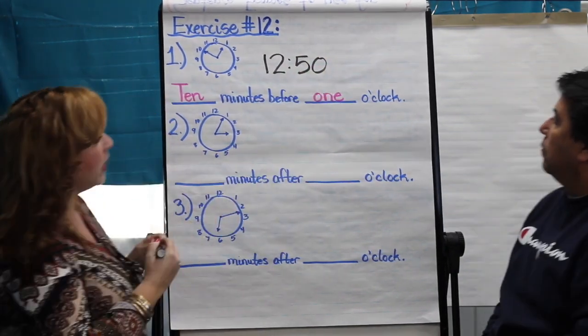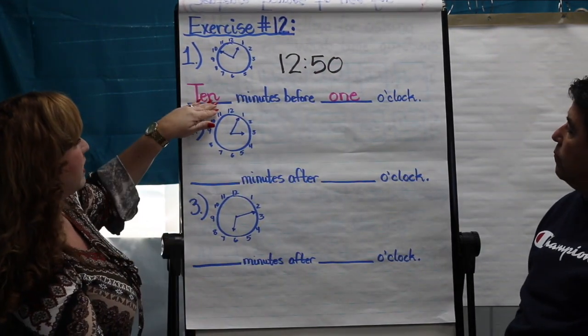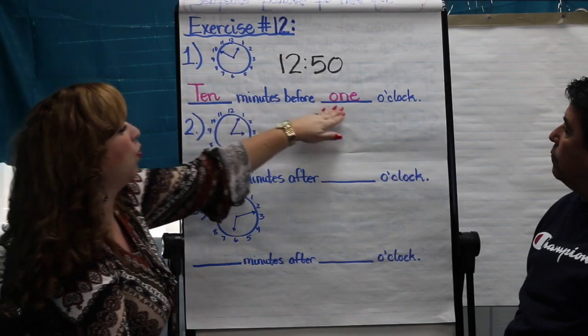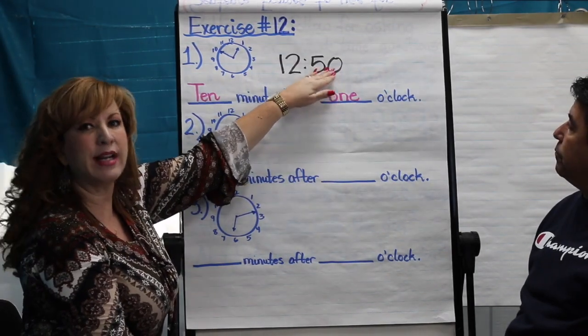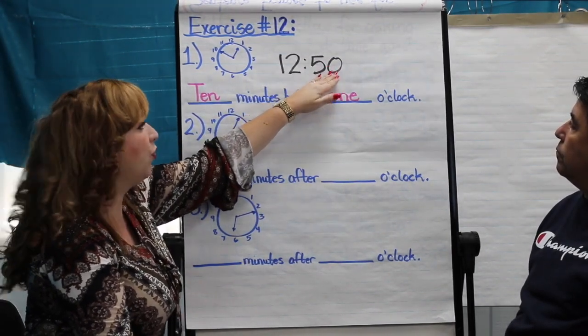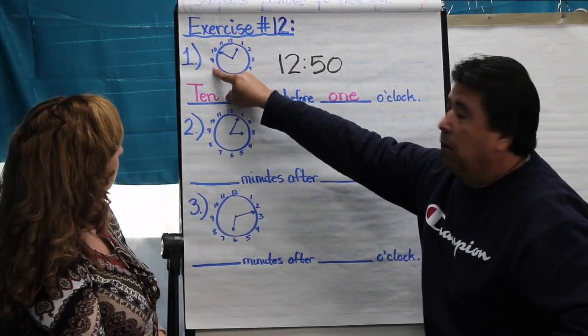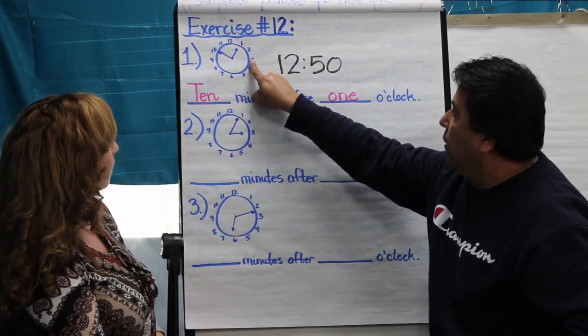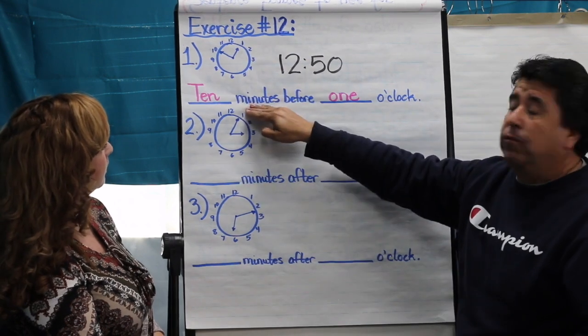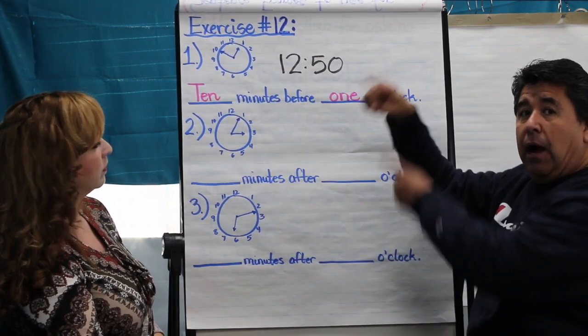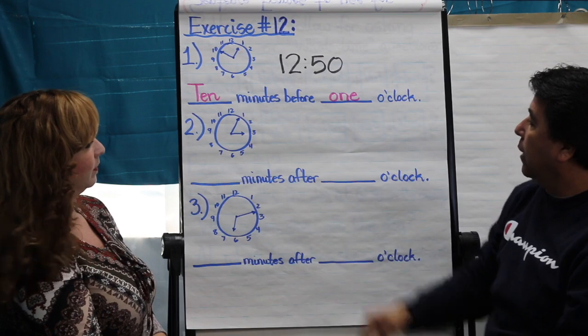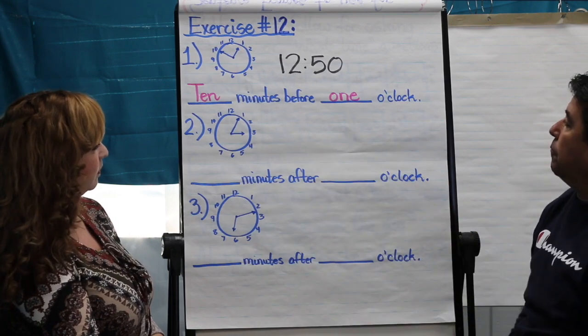So what I'm doing here is I'm saying 10 minutes before 1 o'clock. If I look at the clock, I know I have 10 minutes before it turns into 1 o'clock. Yeah, this is before, this is after, right? Yes. And this is the sentence frame that I saw before. So, again, you have options.